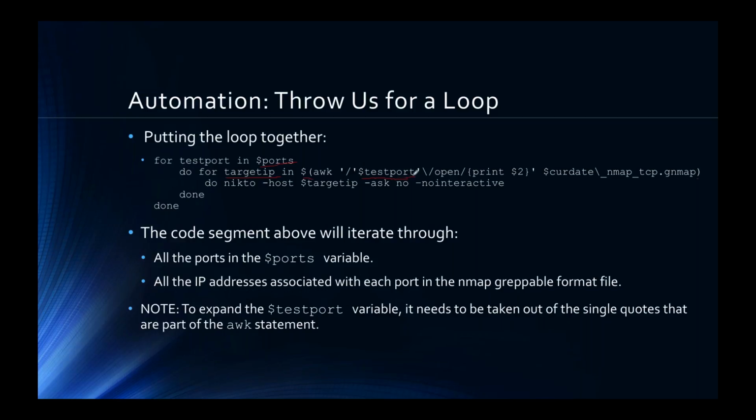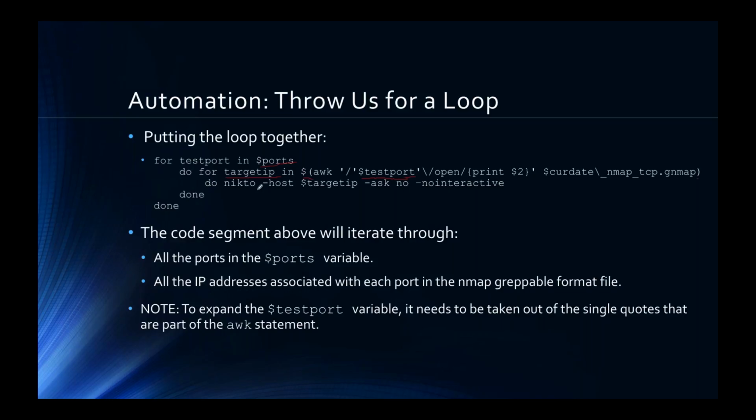Then you'll just get $testport, and it's not going to find that in the greppable nmap file. So if you're copying this and using it later, make sure you have the single ticks that break out of the awk string, drop your port number in there, and then resume the string that you're using to search, and then output the results from the nmap greppable file.